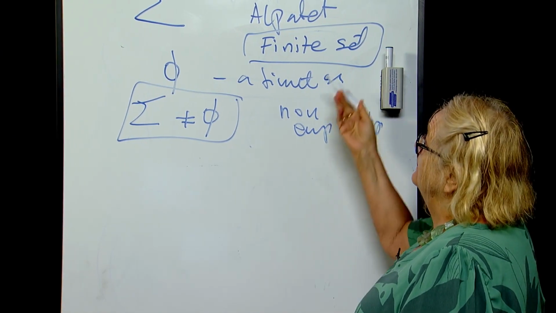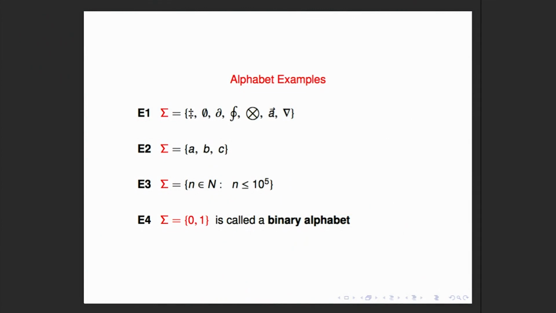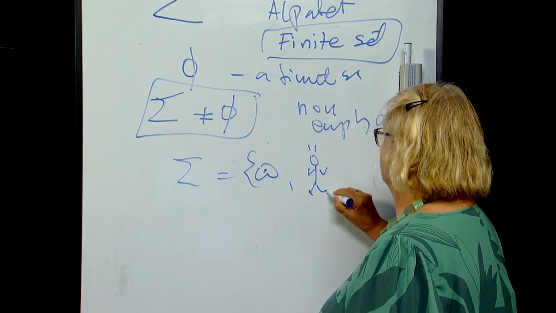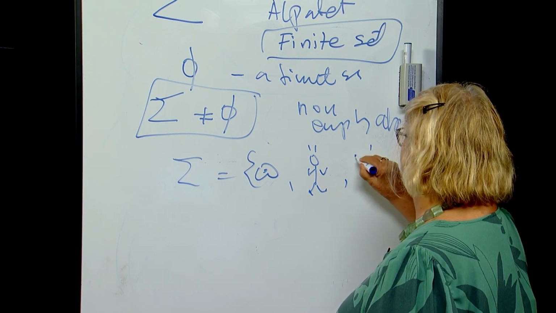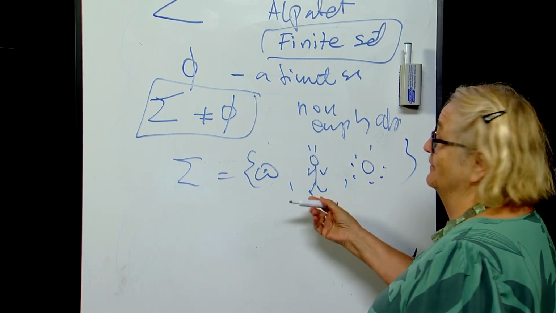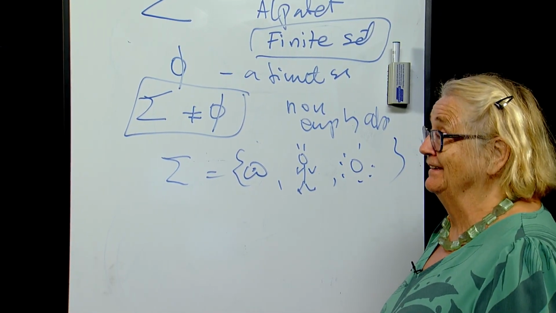And say you have symbols. For example, I can write this, a beautiful alphabet with three symbols. So this is an alphabet.